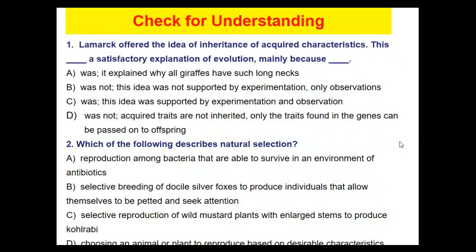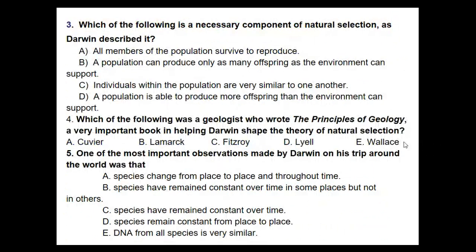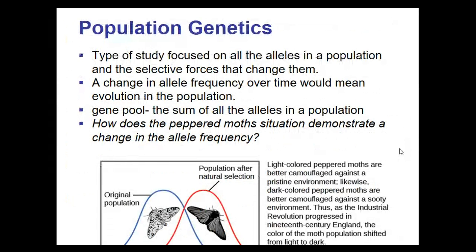Okay, some practice questions. There are some examples of evolution that have been observed in real time. Much of evolution happens so slowly and gradually over millions and millions of years.